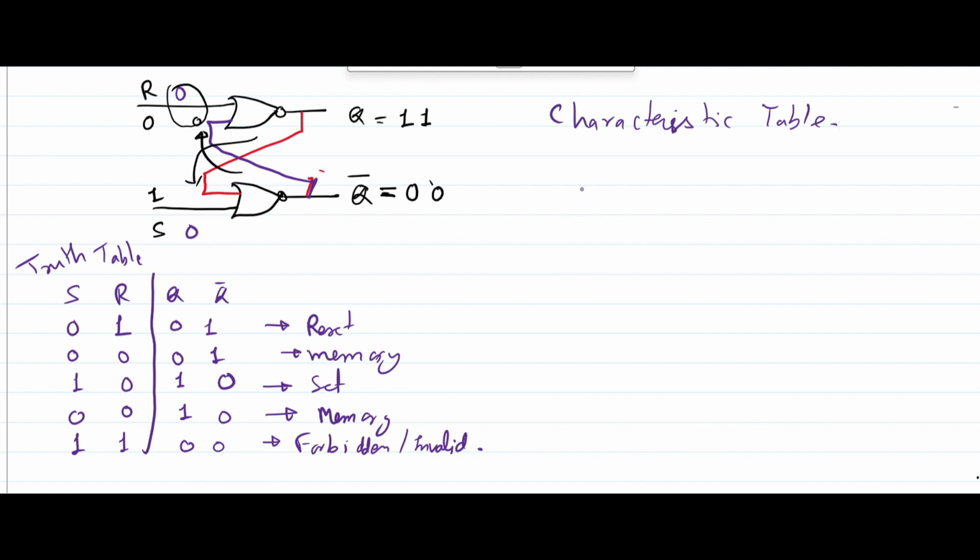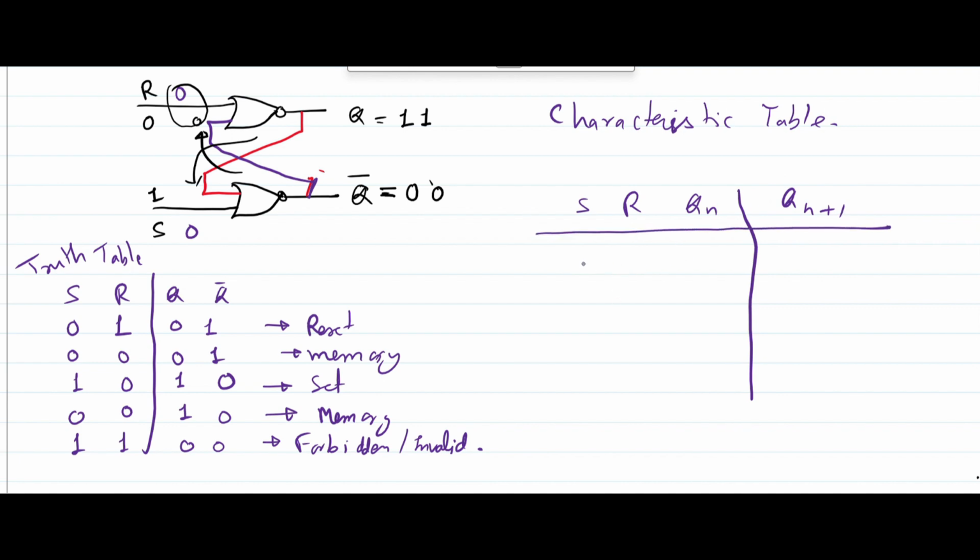For the characteristic table, my inputs will be S, R, Q N, and my output will be Q N plus 1, and this is using NOR gate.